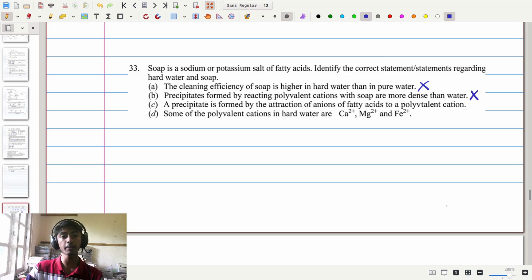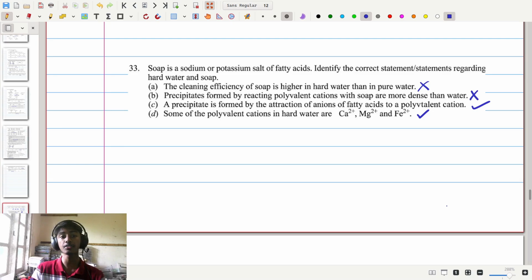Now moving on to statement C, it says a precipitate is formed by the attraction of anions of fatty acids to polyvalent cations, and this is a correct statement, and the precipitates that are formed here are the precipitates described in statement B. Now moving on to statement D, it says some of the polyvalent cations in hard water are calcium 2+, magnesium 2+, and iron 2+, and this statement is also correct.